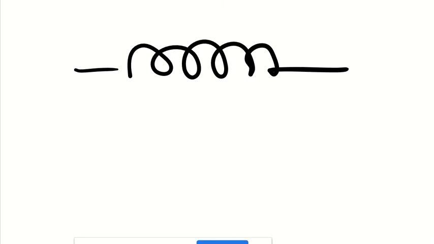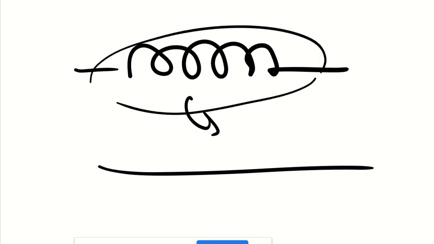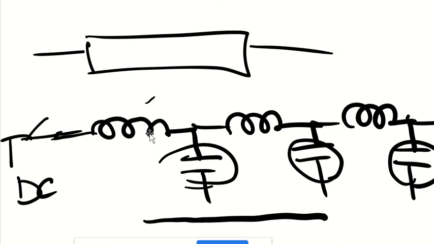In general, the way to remember is that inductors don't like change, okay? So if you don't have any change in DC, it will act like a wire. Otherwise, you should be careful with it. It will create impedance to the flow of signal when you have a change in current or voltage. So if you have DC in a steady state, the transmission line will act like a wire, okay?